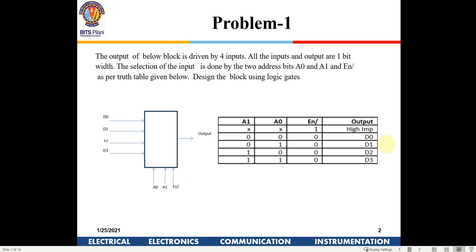It's an enable bar. It's known as enable bar because only when enable bar is 0 are the outputs available. It is going to select any one of them. So we need to design this block, essentially make a multiplexer.